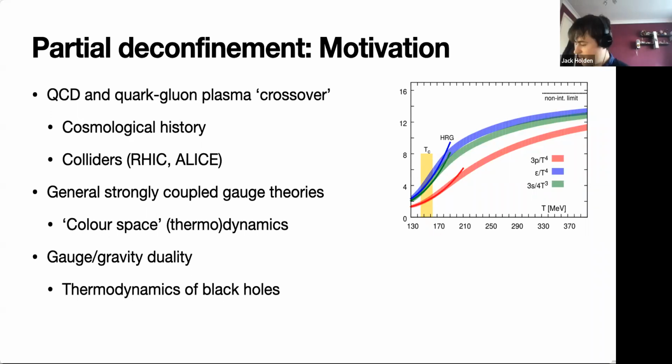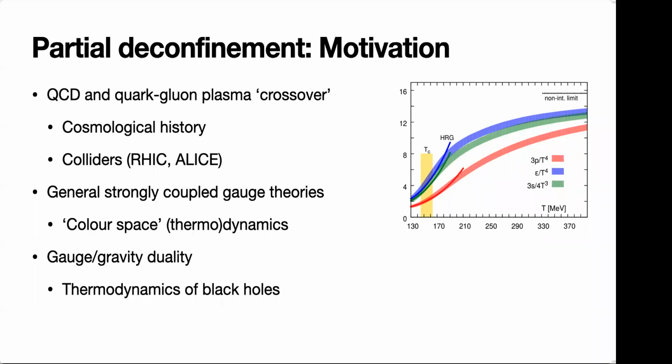This is an approximation that's used, the hadron resonance gas approximation. So this is a region where there's an independent calculation to confirm the lines of the lattice calculations in this region. Thank you. Okay.